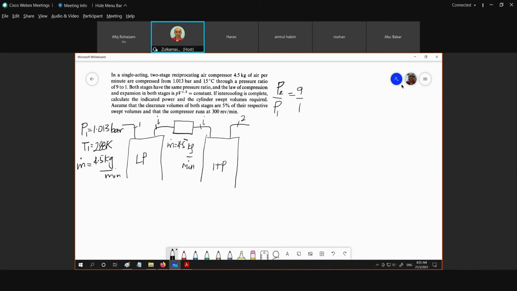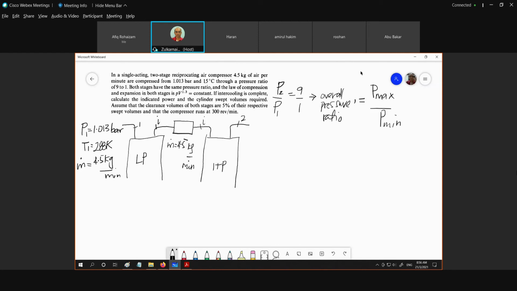This is also known as the overall pressure ratio. Ini juga dikenali sebagai, this is name called for the cycle, the overall pressure ratio is equal to the P max divided by P min.